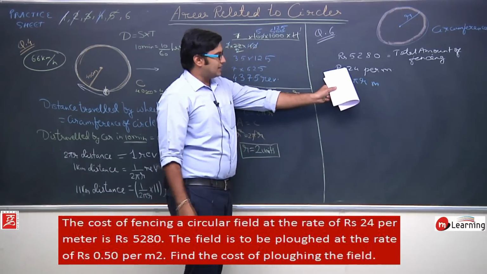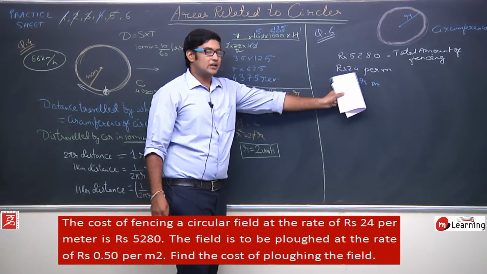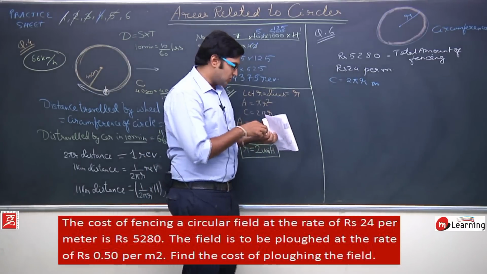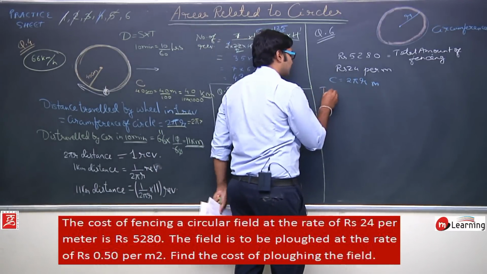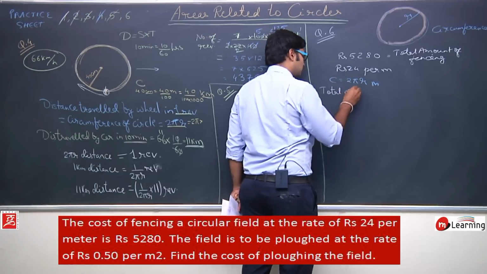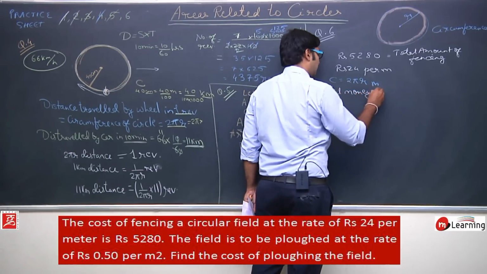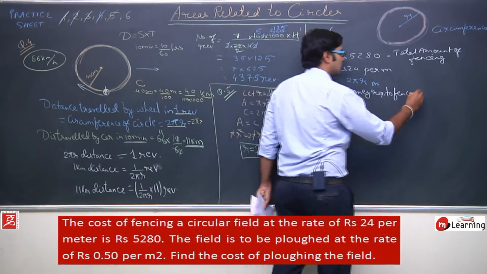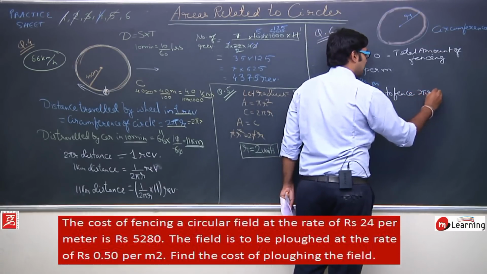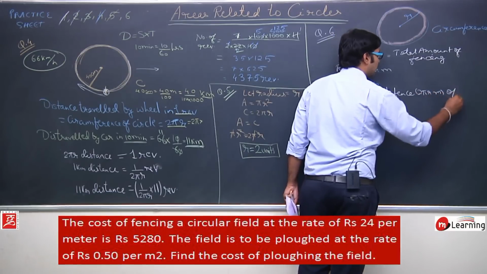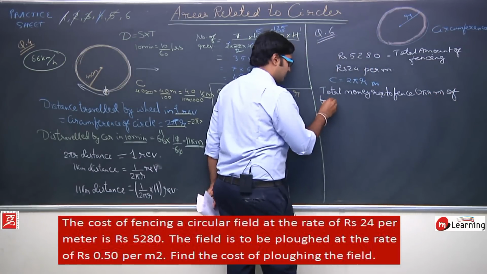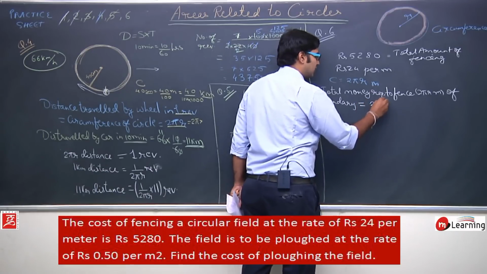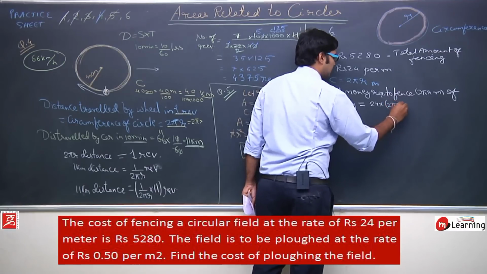Now, I have spent 24 rupees per meter and I need to fence 2 pi r meters of the boundary. So, total money required to fence 2 pi r meters of boundary is equal to 24 into 2 pi r.